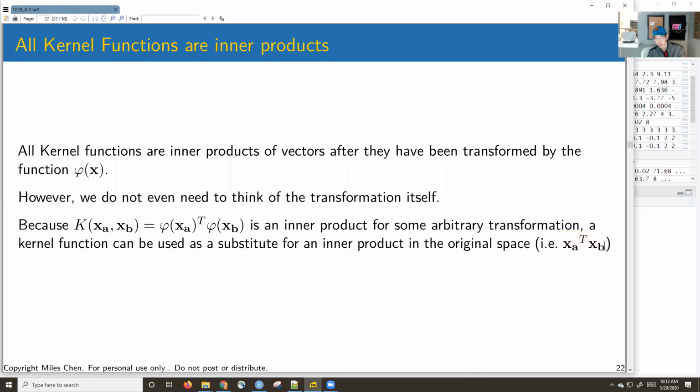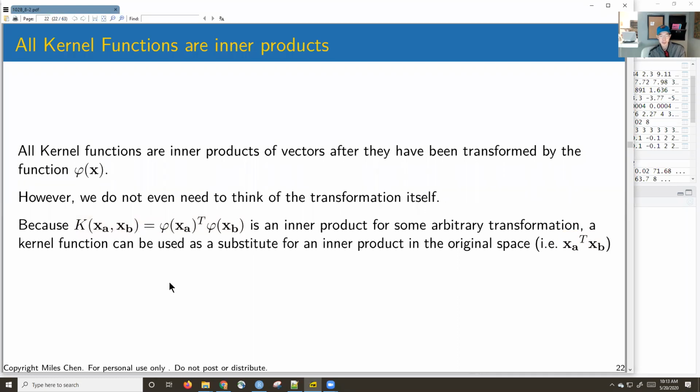I'll show you an example. So anytime you see XA transpose XB, you can replace it. You can say, what if I transformed XA using phi and XB using phi? Then the equivalent would be to just replace it with the kernel function.